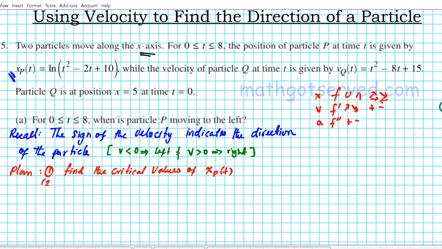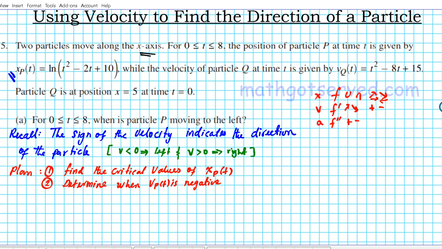When we find the critical values, those are the boundary points. Then we create intervals and determine when the velocity, v_P(t), is negative, because as indicated earlier, when you have a negative velocity, that is when the particle is moving to the left.